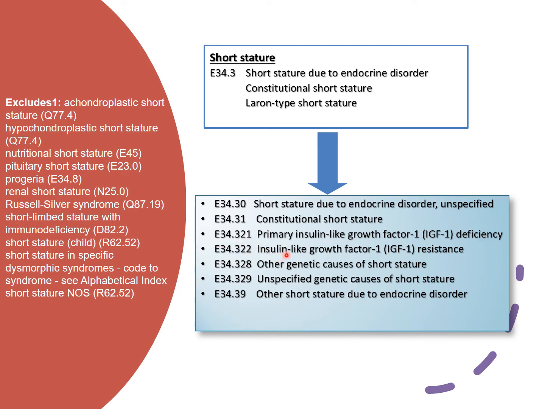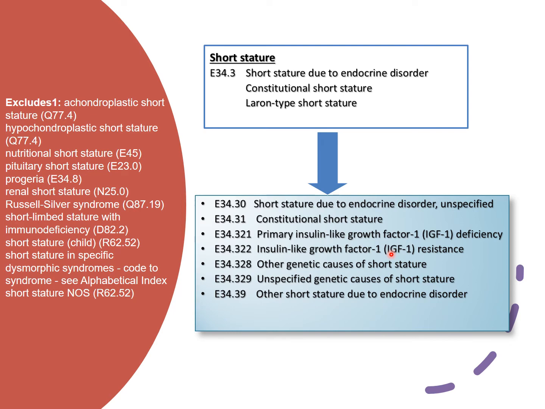E34.322, insulin-like growth factor 1 resistance. Growth factor insensitivity is also known as Laron syndrome. This is a rare genetic disorder in which the body is unable to use the growth hormone produced.